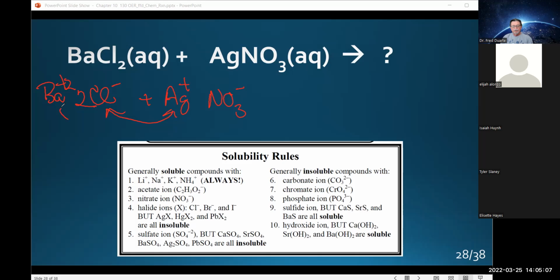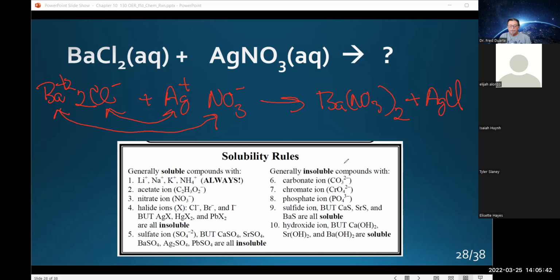The silver and the barium nitrate combined. Barium is a +2, each nitrate is a -1, so we need 2 of them. So we got barium and 2 nitrates. And then the silver chloride, it's a +1 and -1, so it's very simple: AgCl, silver chloride.